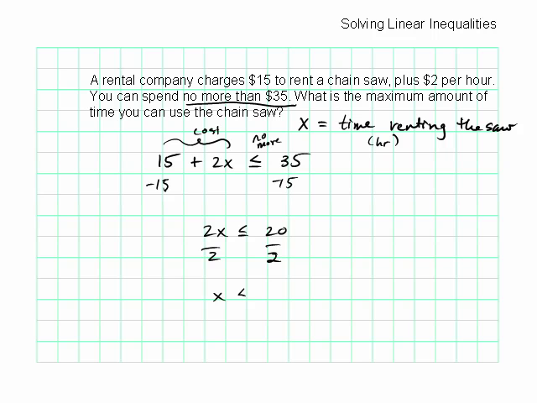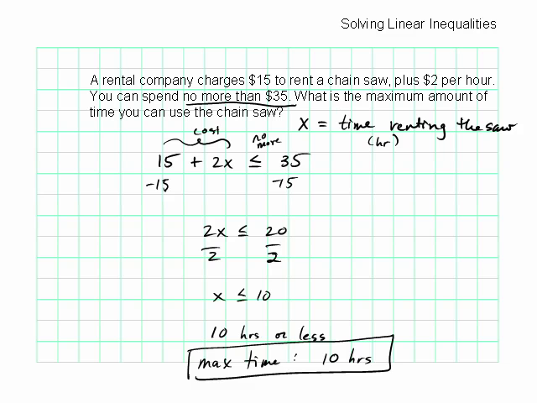So the maximum amount of time you can use the chainsaw is 10 hours or less. That way you'll spend no more than $35. At 10 hours, the cost would be $35.